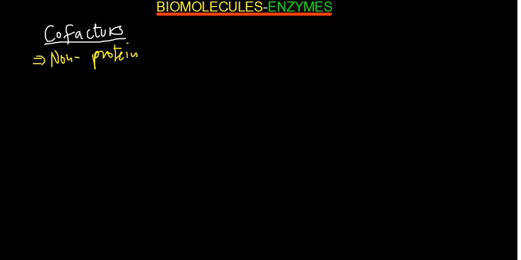There are some enzymes which depend on cofactors for them to be able to work. Otherwise, if these cofactors do not bind to such an enzyme, then it is going to be inactive. Let's say here we have an enzyme. For it to be active, it requires a cofactor, meaning that when the cofactor is not attached to this enzyme, it is inactive.